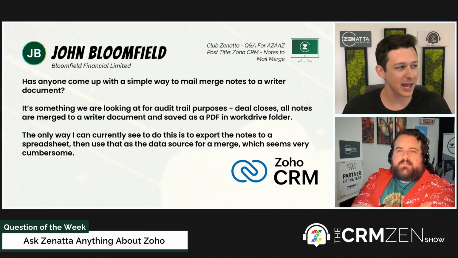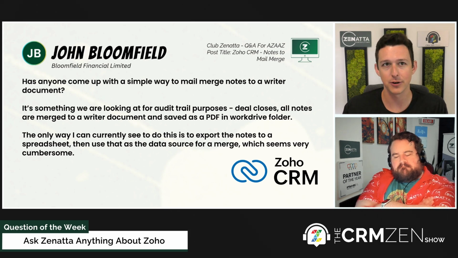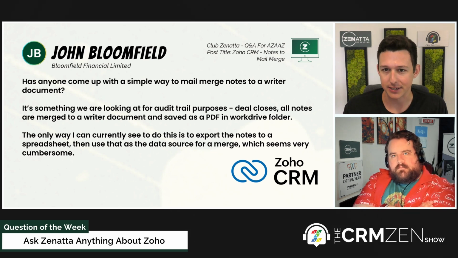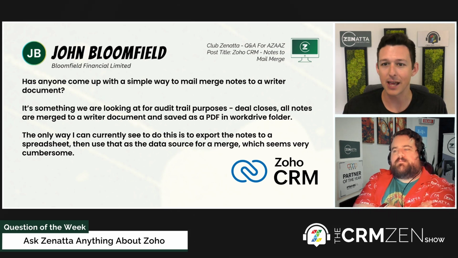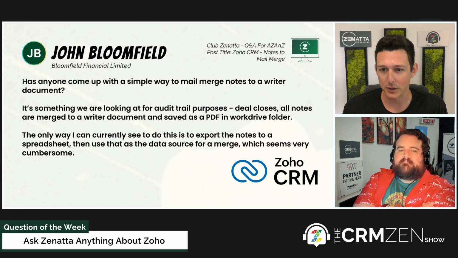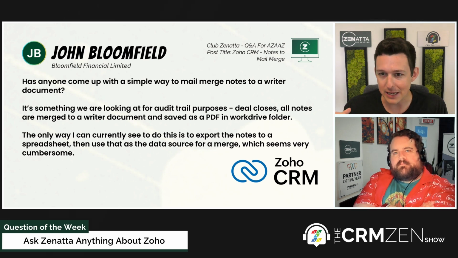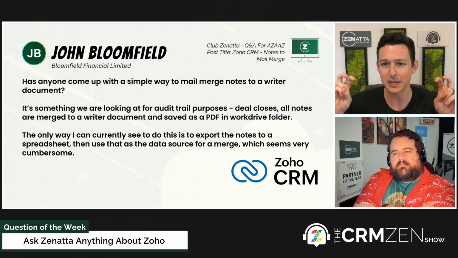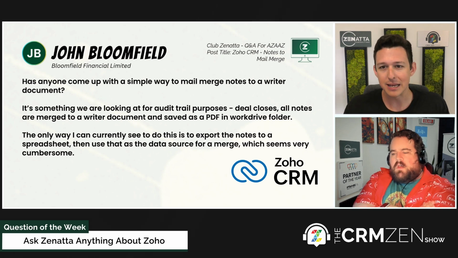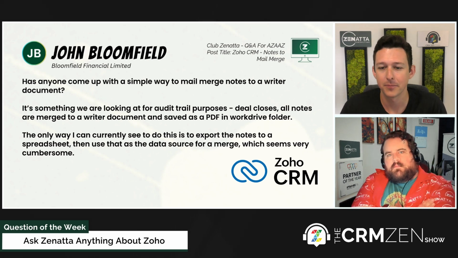But Greg, if we have a deal record and we trigger an automation, we could get that deal ID. We could use an API call to get the related notes. We could sort them by creation date, whatever it may be. And we could surely put that into a repeating block or a table inside of a mail merge document. Yeah, absolutely.